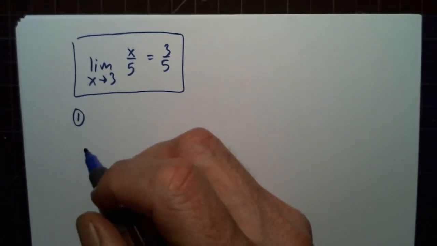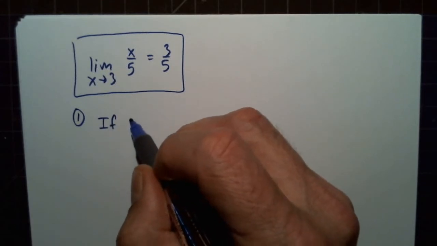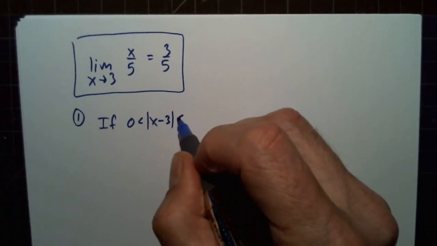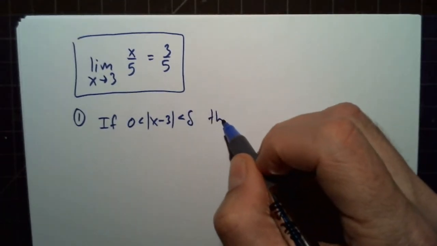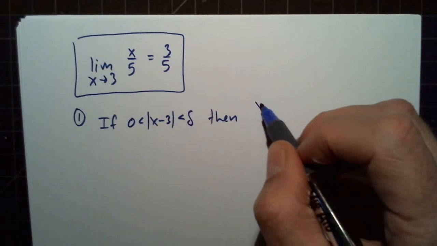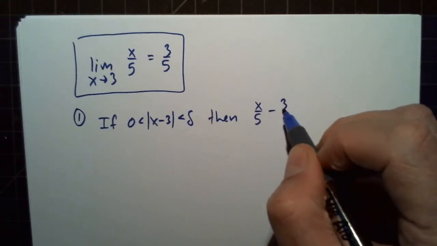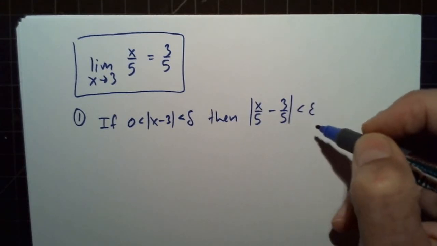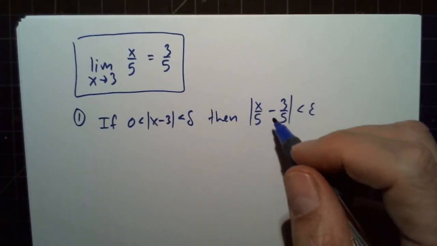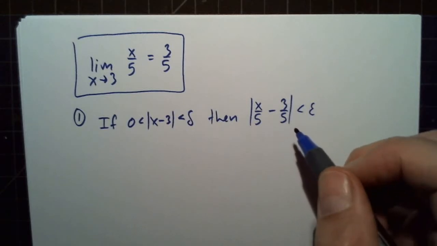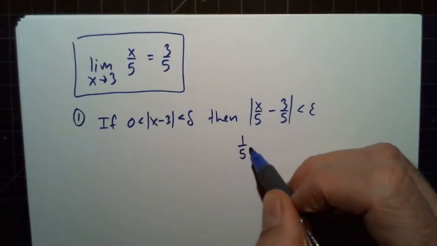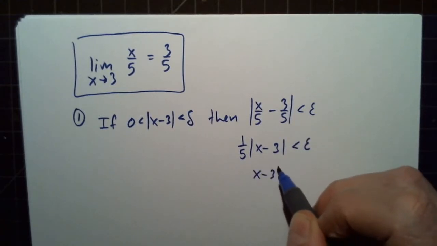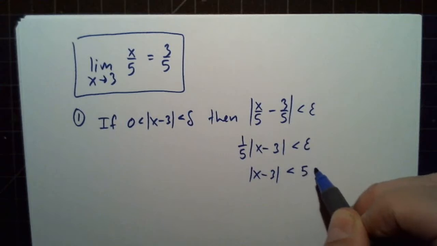So our preparation is if 0 < |x - 3|, we choose that number, is less than delta, then |f(x) - L| is less than epsilon, and we can take a 1/5 out. |x - 3| is less than epsilon, so |x - 3| is less than 5 epsilon.